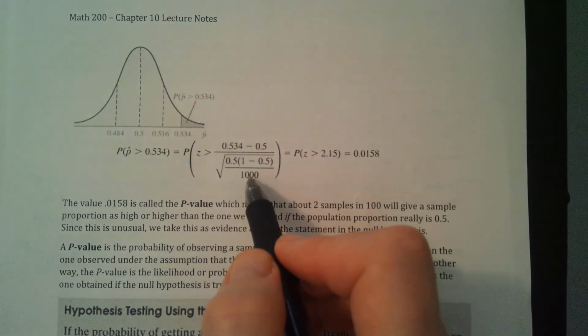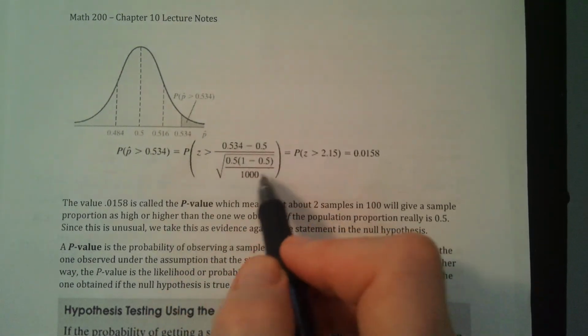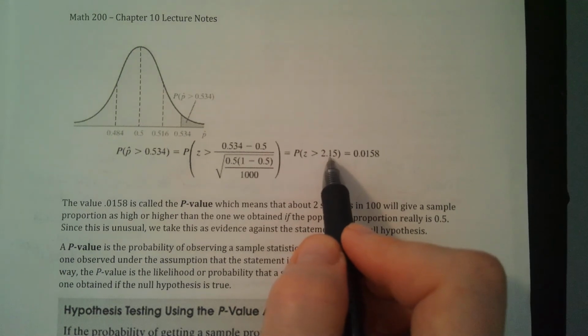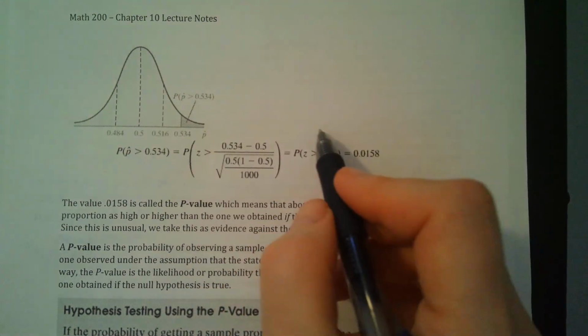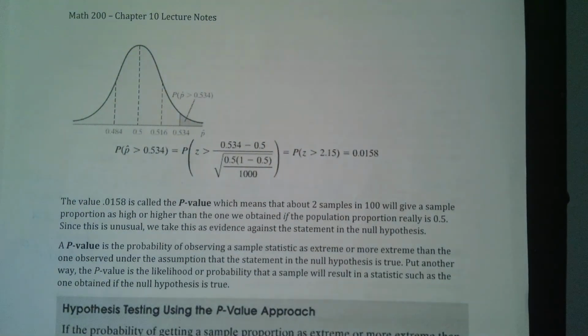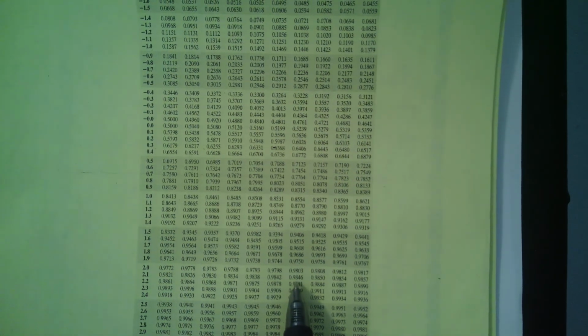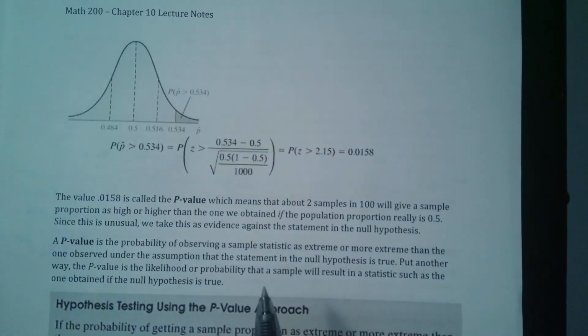So we're going to assume that there are 1,000 people in my sample. When we calculate all of that, we find a z-score of 2.15. And we will look up this z-score in the z-table, which again is Table 5. We have a z-score of 2.15, so we're finding a probability of 0.9846.